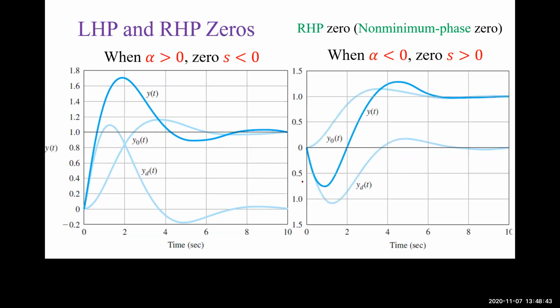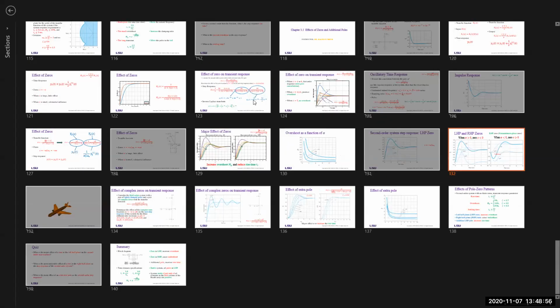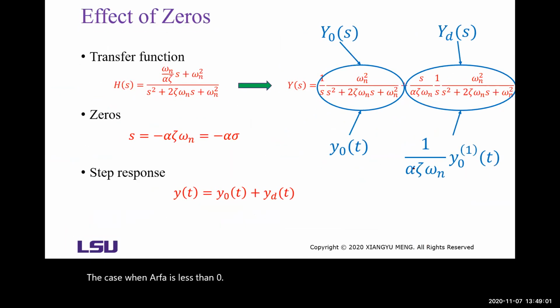It's interesting to see the case when alpha is less than 0. So when alpha is less than 0, instead of adding the second part, we subtract the second part from the original response.